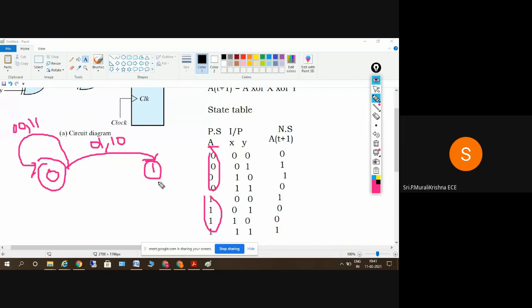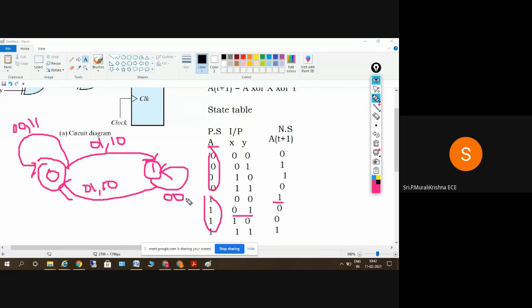Okay, so this is with relation to state 0. And coming to state 1, if it is 0 0, it will remain in the same state. If it is 0 1, it will go to the 0 state, and 1 0 also, it will go to the 0 state.